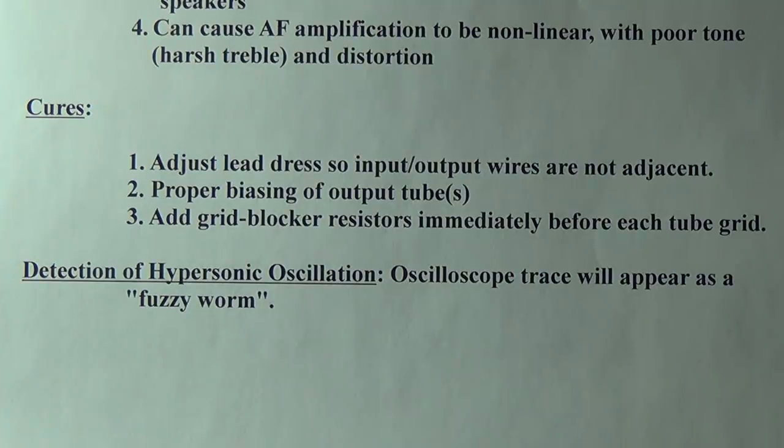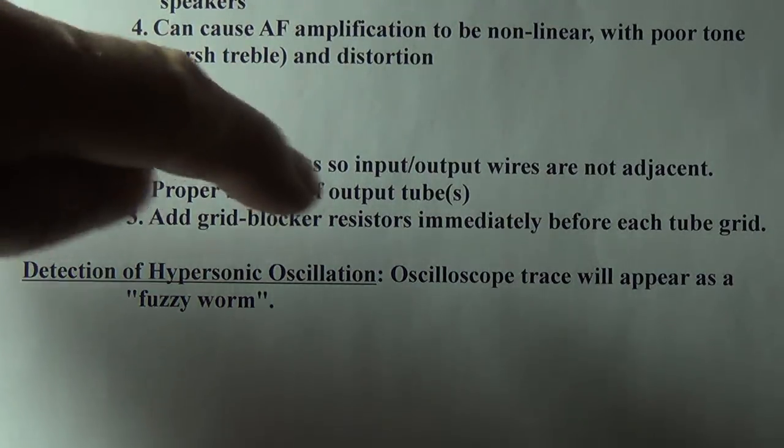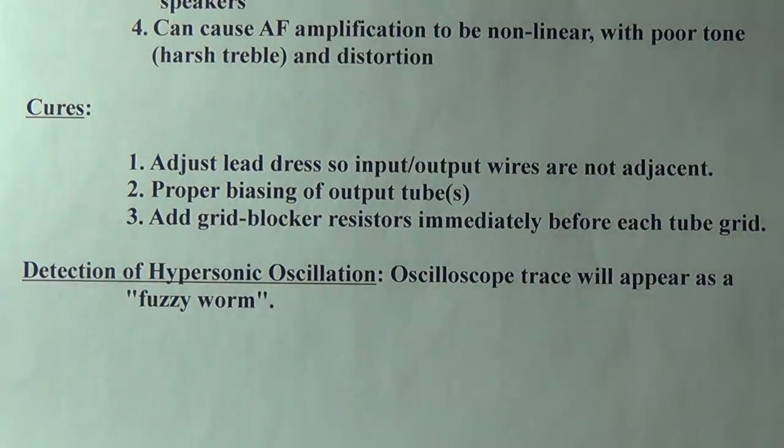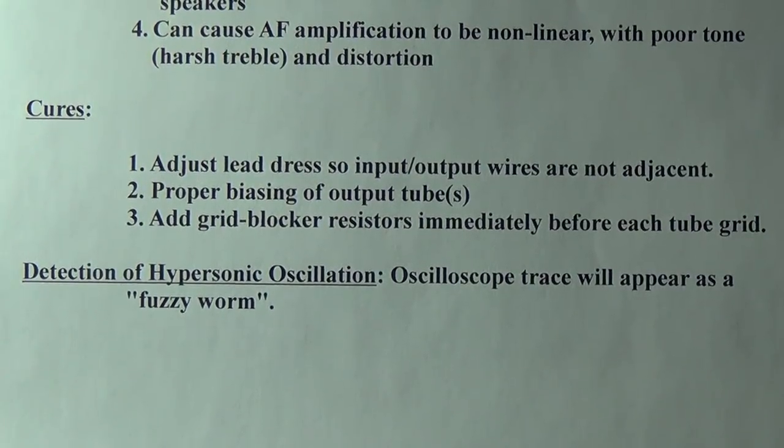And finally, the classic visual representation on an oscilloscope of hypersonic oscillation is that the trace will appear as a fuzzy worm. Does that bring back any memories? Think about what it looked like when I cranked in that wet signal. So let's go out to the workshop and see what we can do to kill the fuzzy worm and get a better comparison of our 6V6 and 6K6 tubes.